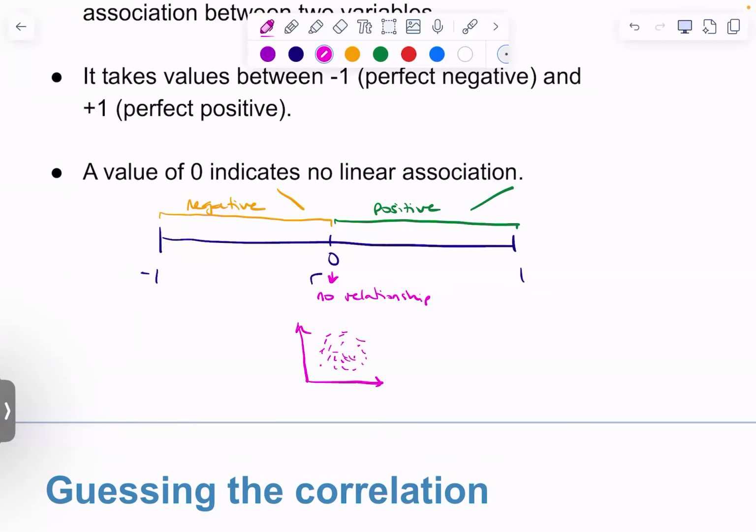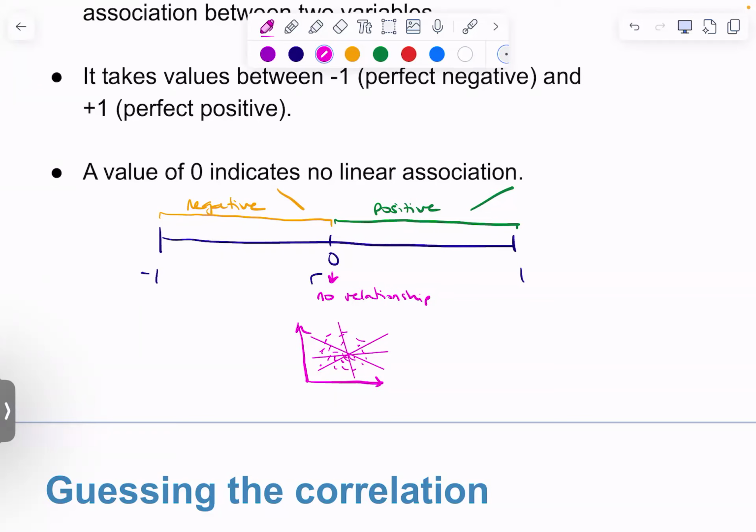Because it doesn't matter where you draw your line of best fit, it can go like this, it can even go like this. There's no telling, there's no anchor for the relationship. And so that's when we know that there's no relationship. Yeah?